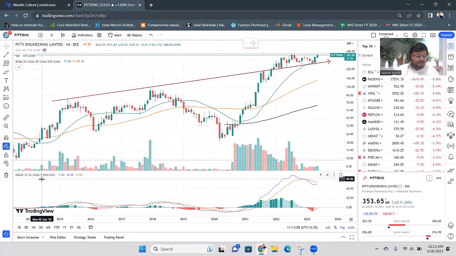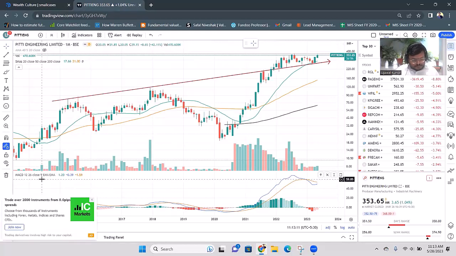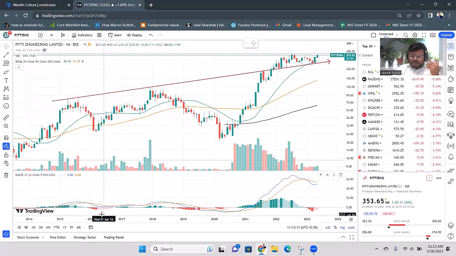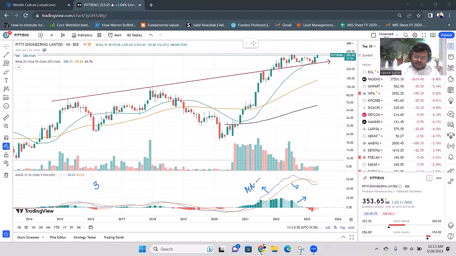Now let me talk about what the components of this indicator are, right? Very simply, you can see three components here. The first is this blue line, the second is this orange line, and the third is this histogram. This blue line is called the moving average convergence divergence line, the MACD line.